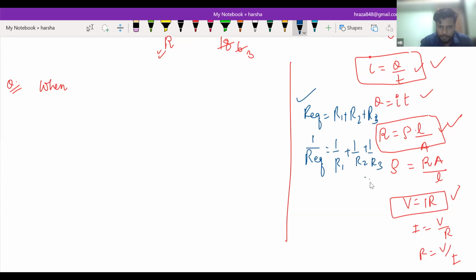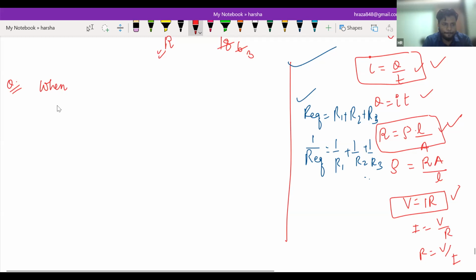This is all we study in this chapter. And in the next topic, we will talk about power and heating effect of current. But before that, I want you all to clear this concept. This is very important to know how we apply the formula and the calculation, and if you do a lot of practice on these questions and this formula, it will be very easy.